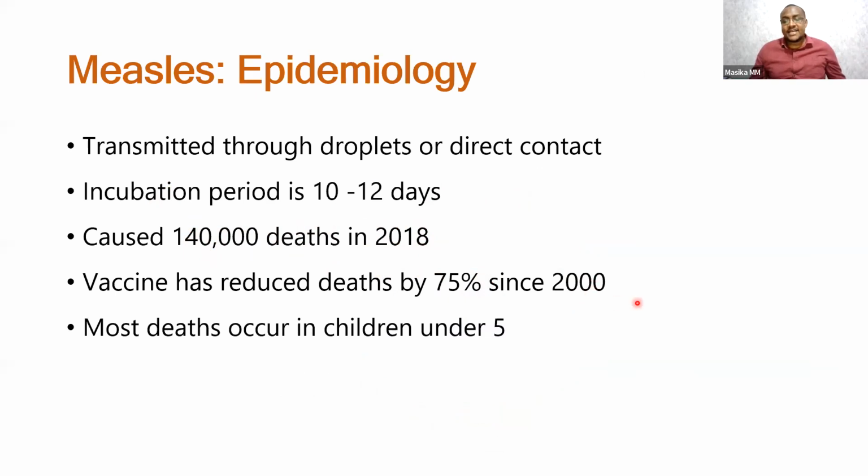So the measles vaccine has been touted as one of the most effective public health interventions because it has reduced or done away with millions of deaths in the last 2 or 3 decades. Unfortunately, most deaths occur in children under 5, and that's why we try to emphasize a lot to give these children vaccines, and protect them when they're still young.